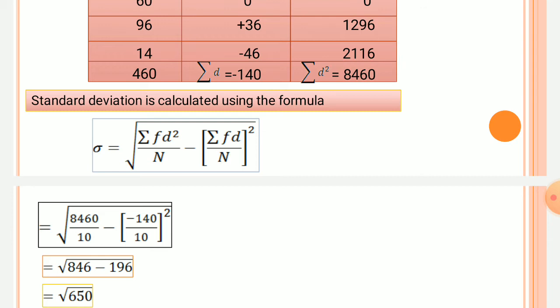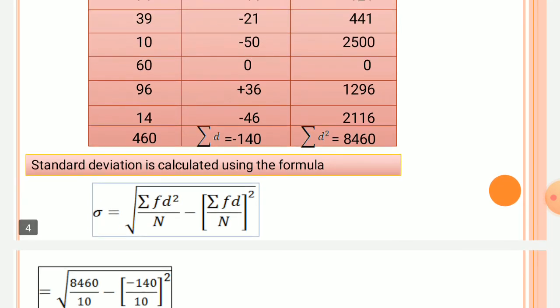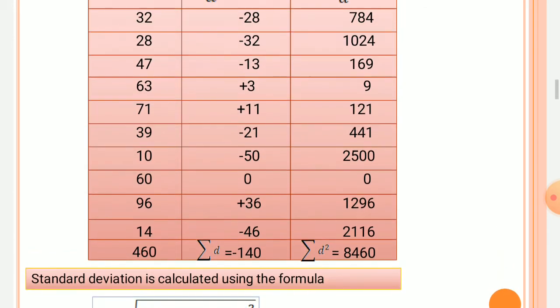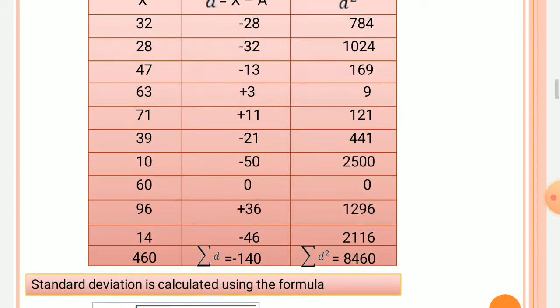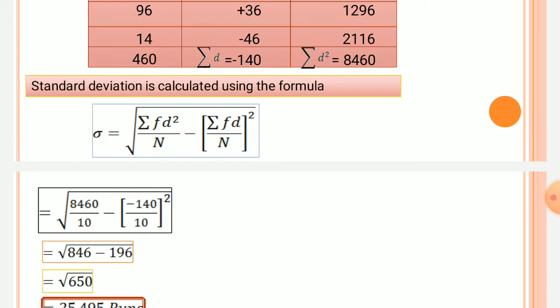Sigma d square 8460 divided by n, total frequency. Here n stands for number of observations or number of items. Therefore n is equal to number of items here, 10, minus of sigma d 140 by 10 whole square.